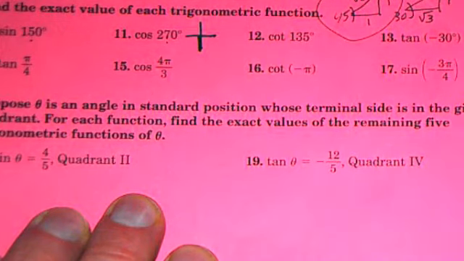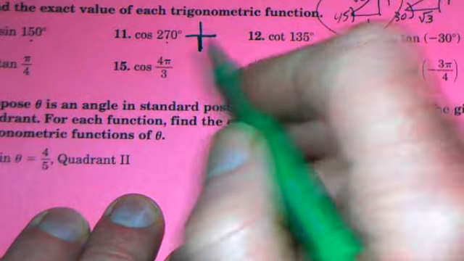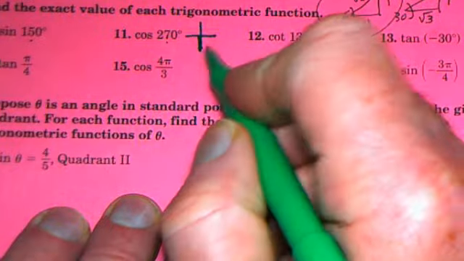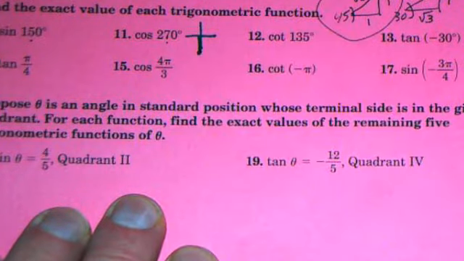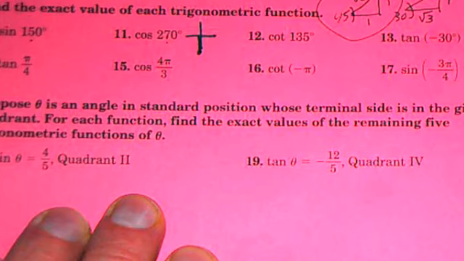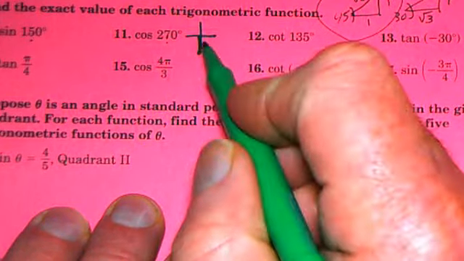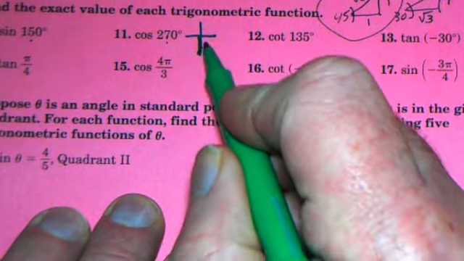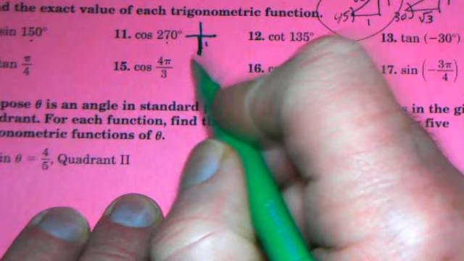So in a past video we talked about how the x-coordinate and the y-coordinate give me the cosine and the sine of the angle, of the quadrantal angle. So the coordinate of this endpoint is actually over 0, down 1. We're going to use a 1 as a length.